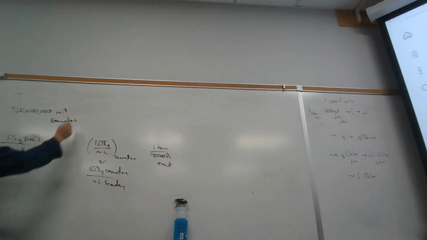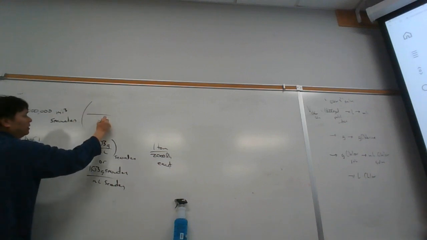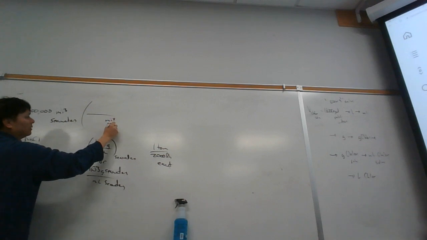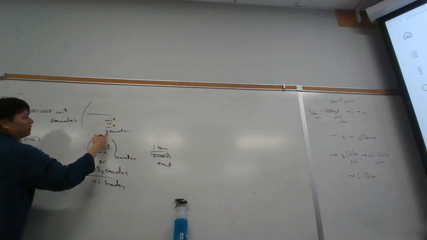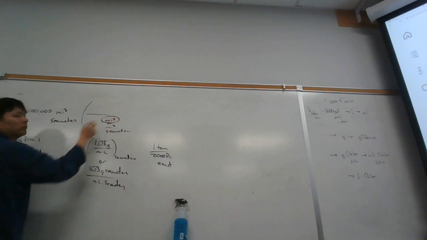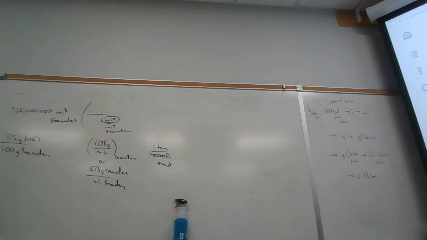Okay, so what I need to do is get rid of cubic miles of seawater. Well, we don't have anything that has cubic miles of seawater, so I'm just going to try to get rid of cubic miles. I don't have anything with cubic miles, but I do have something with miles. Do you know miles to feet?